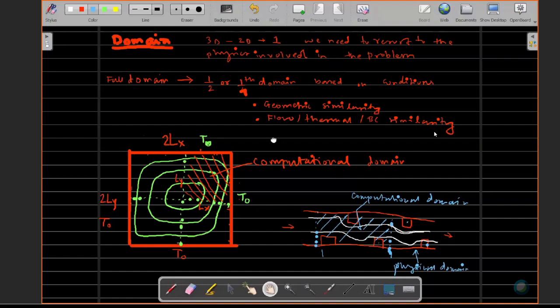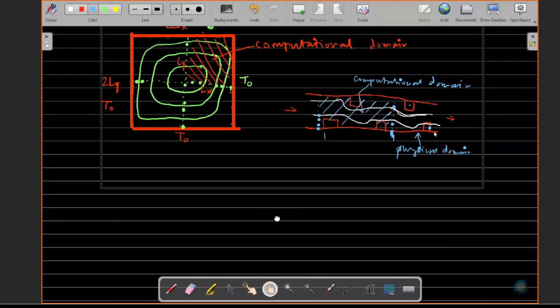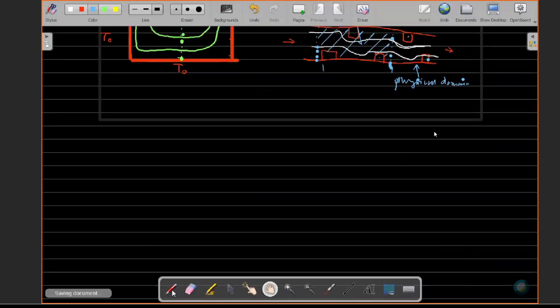Another very simple example, used in your fluid dynamics courses, is flow through a pipe, maybe a circular pipe. Yesterday I showed you a channel.